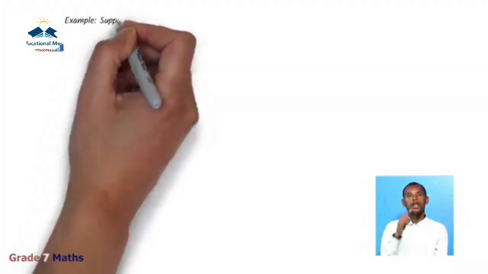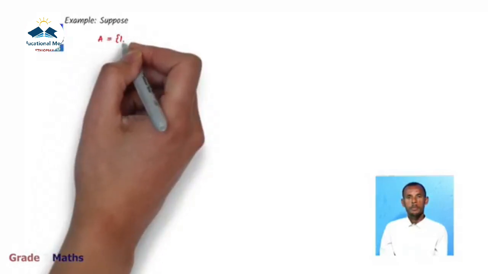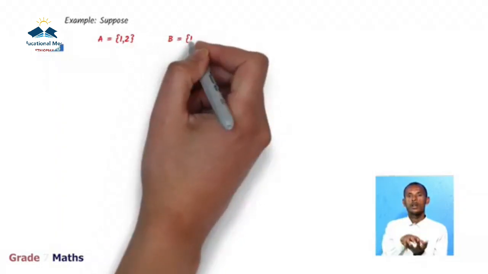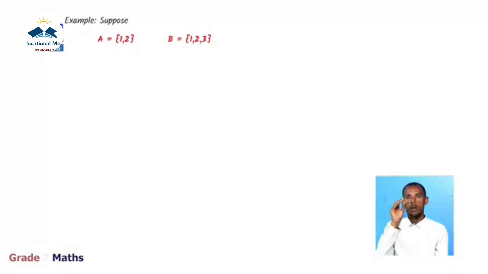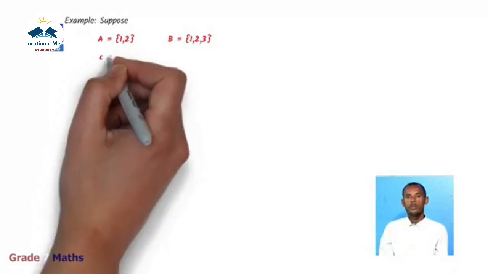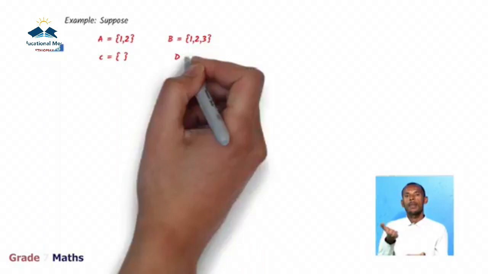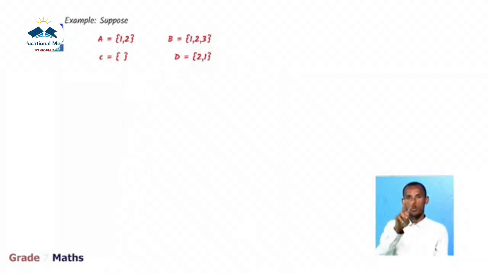Suppose set A contains the elements 1 and 2. Set B contains the elements 1, 2, and 3.